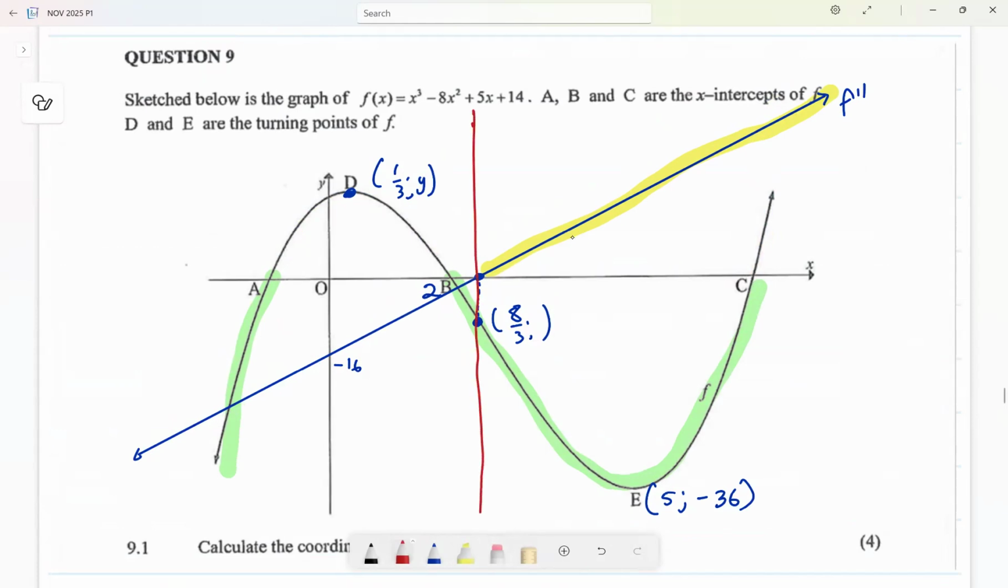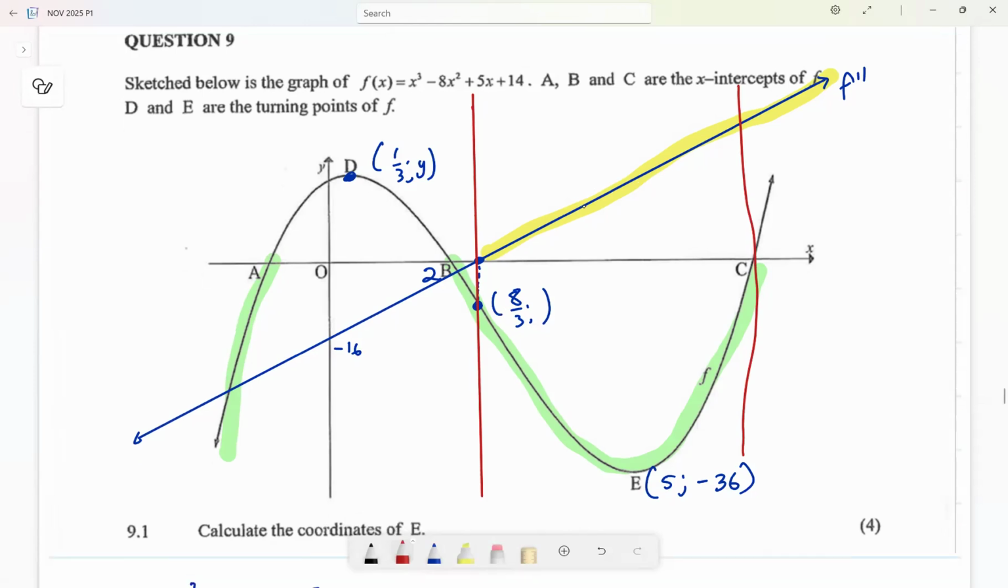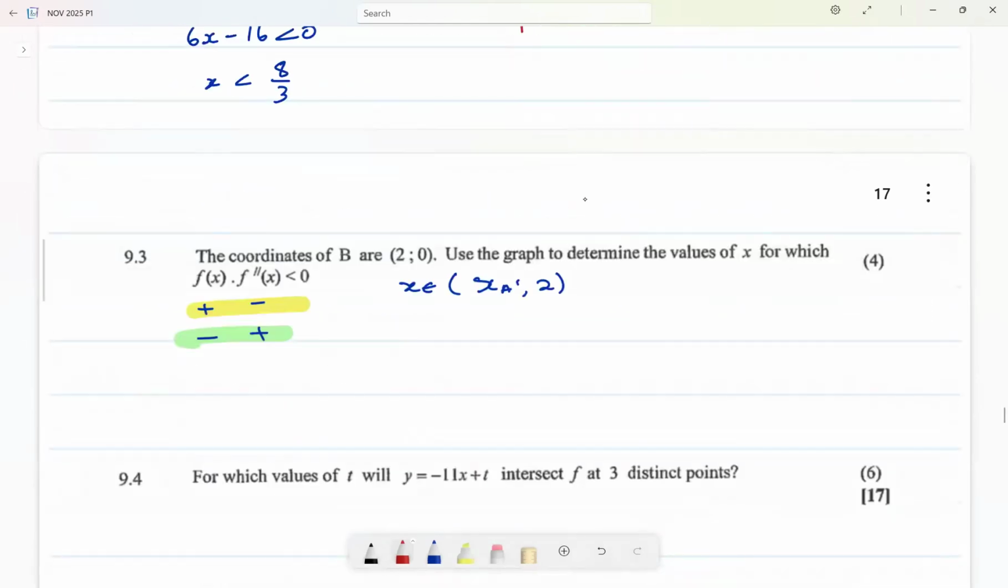From here to here. So it's going to be between 8 divided by 3, the x coordinate here, a point of inflection again, as well as the x coordinate of C. So another solution is x is an element from 8 divided by 3 to the x coordinate of C.